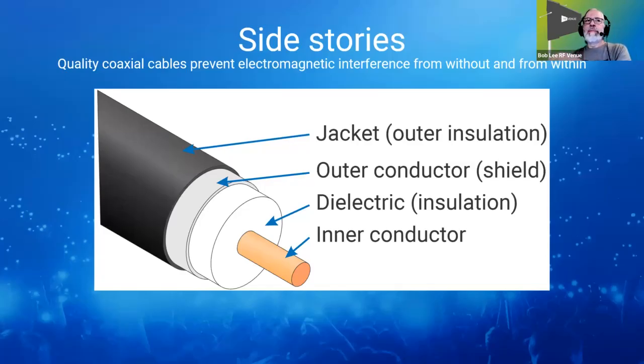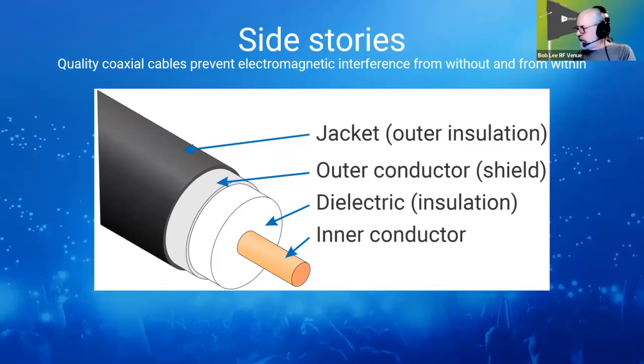Braid shielding has very low resistance, but it can have gaps in it. And anytime you have gaps, you have a potential for not having full electromagnetic isolation from the outside. Especially when the cable is bent, you might get gaps in the braid.